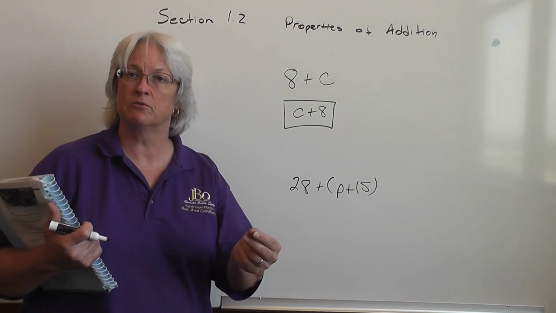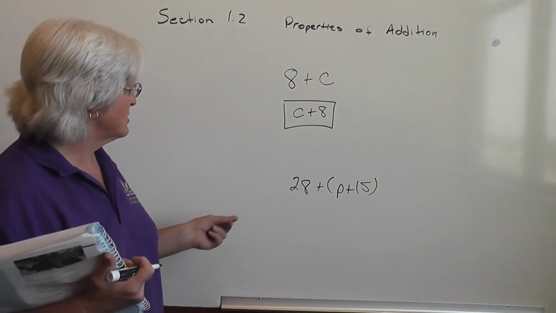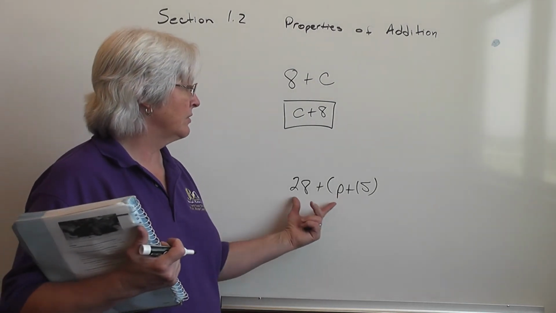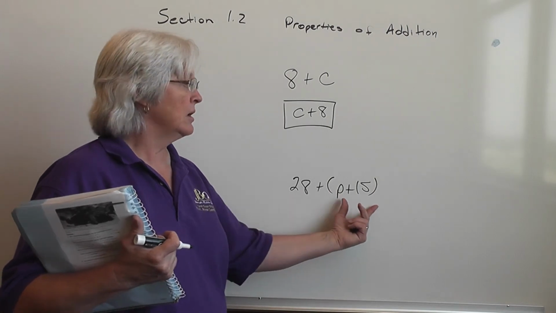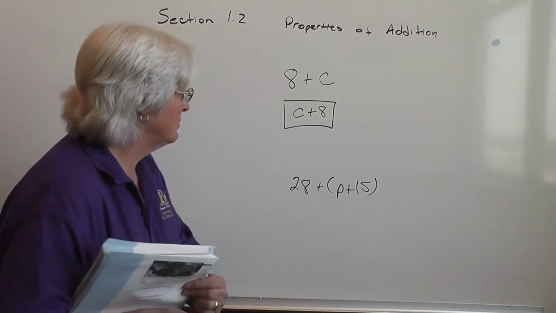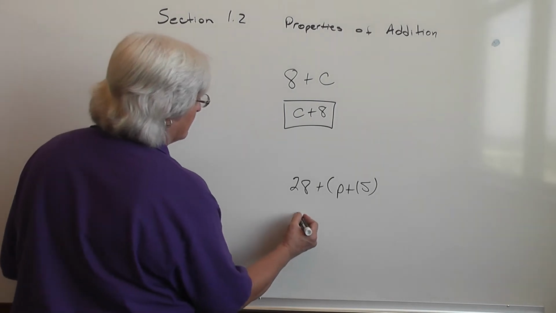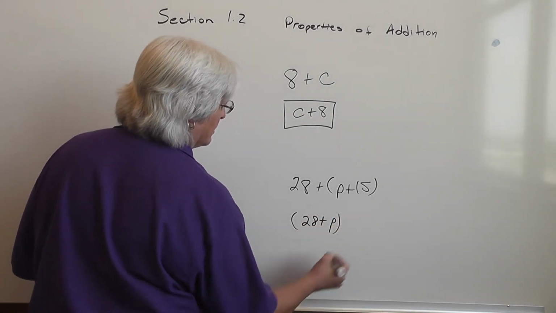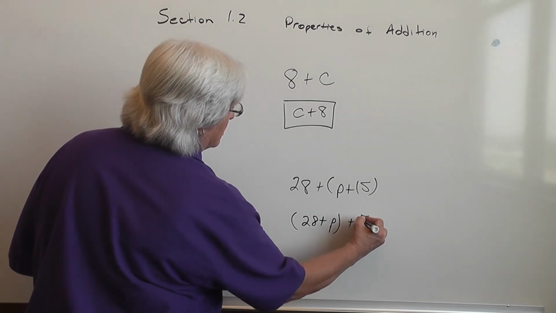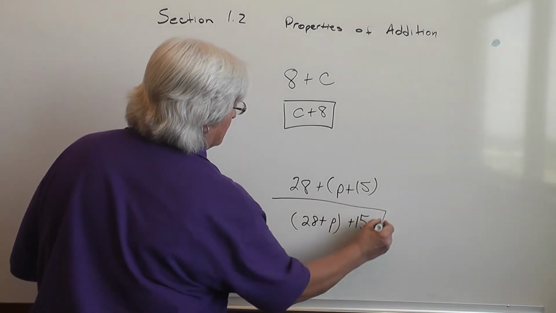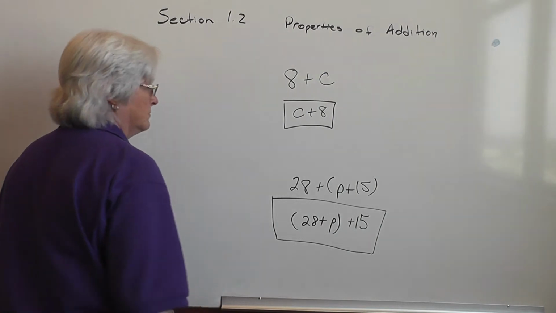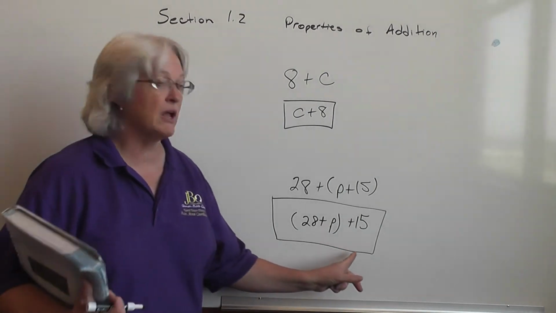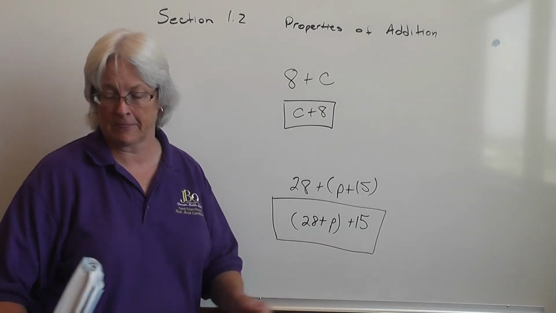What's the associative property? Well, the associative property tells us that the grouping doesn't matter. Here we group together the last two numbers. Let's group together the first two numbers, the quantity 28 plus P, plus 15. That's all they're asking for.